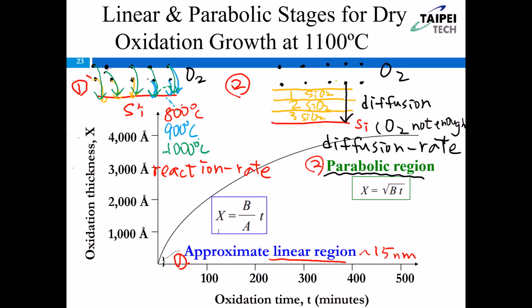Those two namings, the reaction rate control and the diffusion rate control, we will use again for the CVD, for the deposition, okay? Also, I prefer that the first time you try to understand, so the next time it's much easier for you, okay?